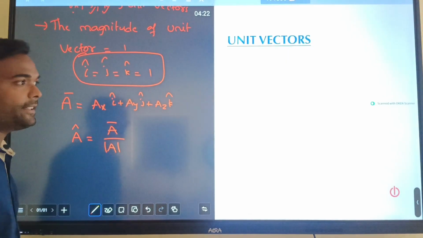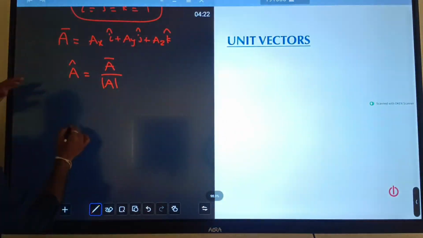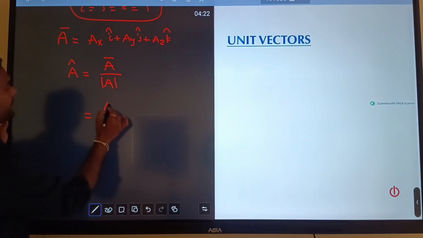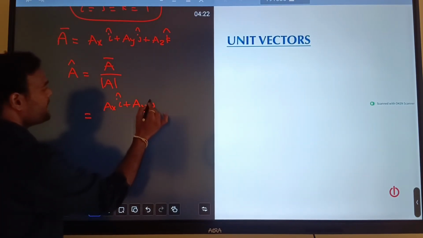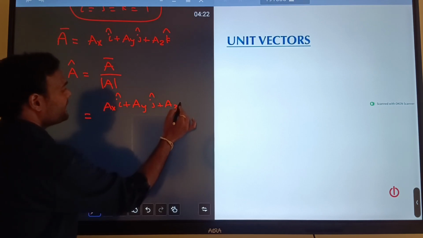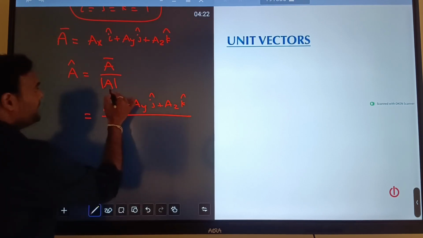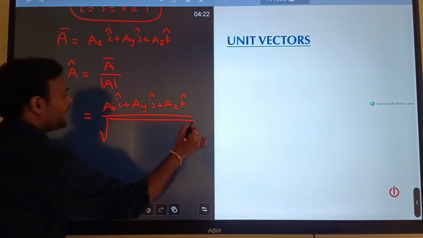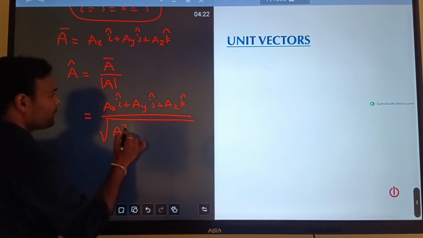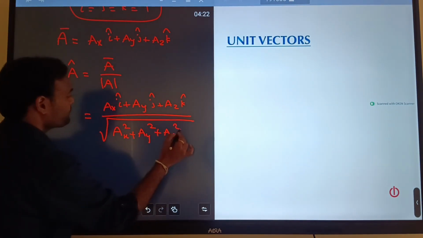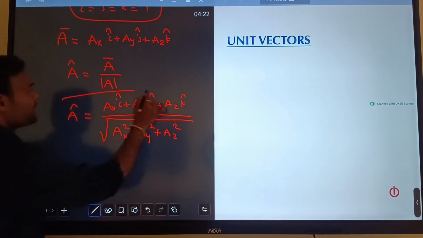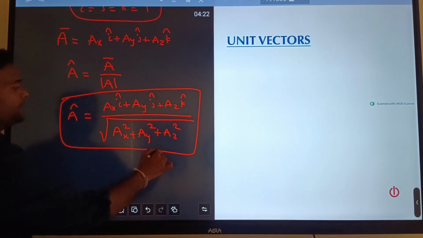Here the A vector means Ax i + Ay j + Az k, divided by the magnitude, which is the square root of Ax squared plus Ay squared plus Az squared. This is the representation of a unit vector.